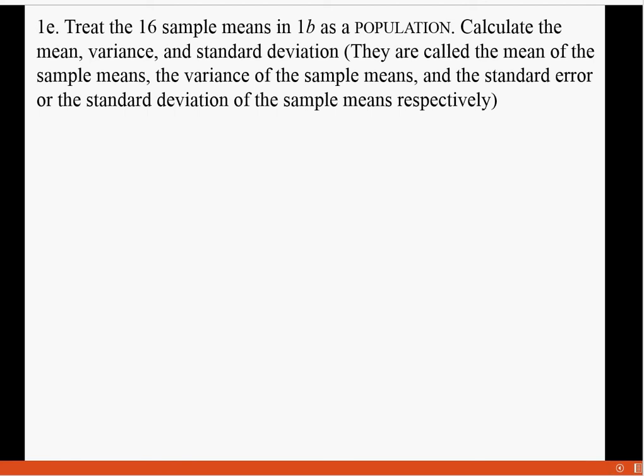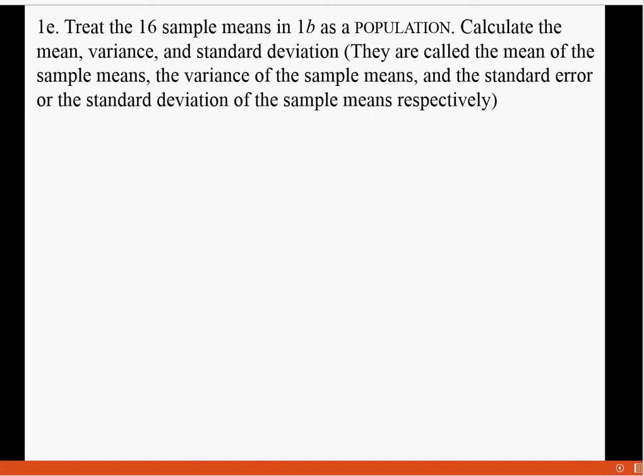Calculate the mean, variance, and standard deviation of these 16 sample means. That is, we treat these 16 numbers as a population. This means that when you calculate the variance and standard deviation, you should use the population formula. That is what I'm trying to remind you.